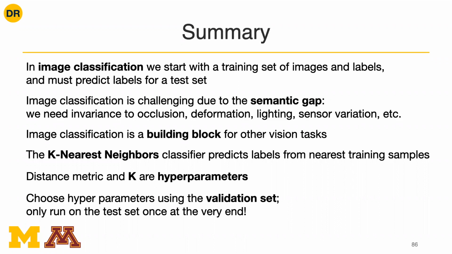And we saw how image classification was used as a building block for robot perception, going from classification to detection to pose estimation. We saw a few examples of nearest neighbor classifiers and how the decision boundaries vary. And we talked a little bit about the hyperparameters, which are the K and the distance metric for K-nearest neighbors, and how to choose these hyperparameters using cross-validation.